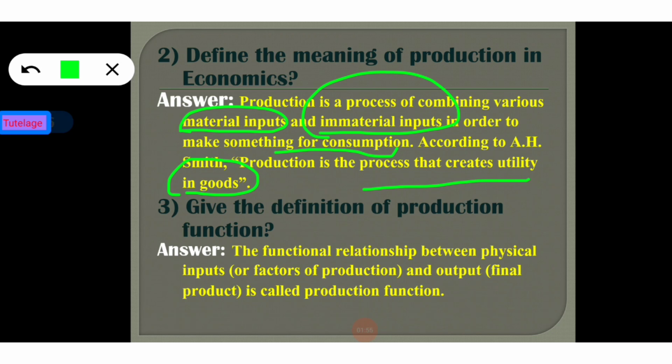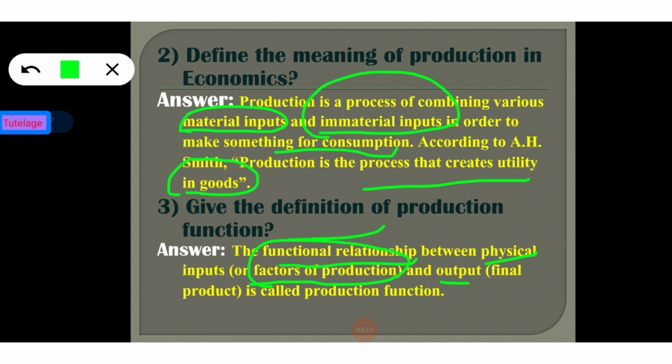Give the definition of the production function. So production function denotes the functional relationship between the physical inputs and the output. At first we have to know what we mean by a physical input. Physical input means factors of production, and do you know, learners, what the factors of production are?